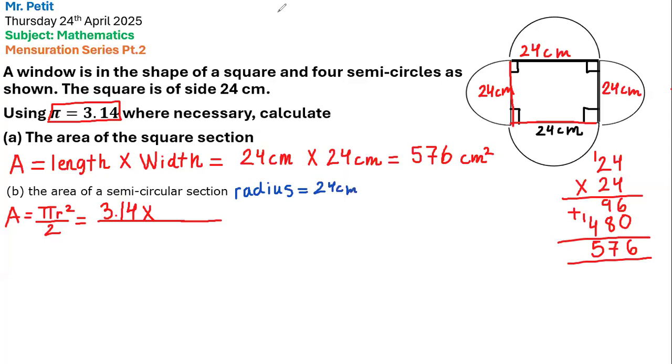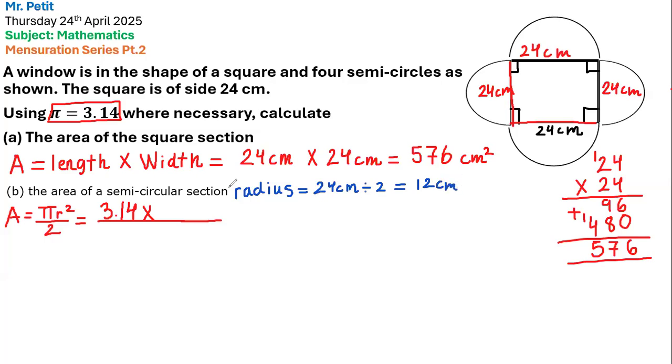Very good. We're going to take 24 centimeters and divide it by 2. And what is 24 divided by 2? 12. 12 centimeters. So that's pretty straightforward.